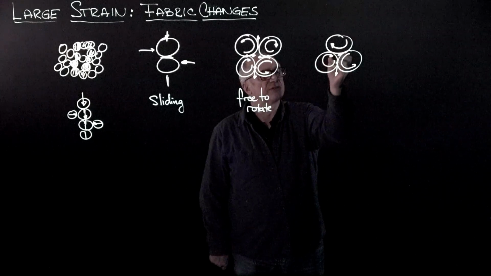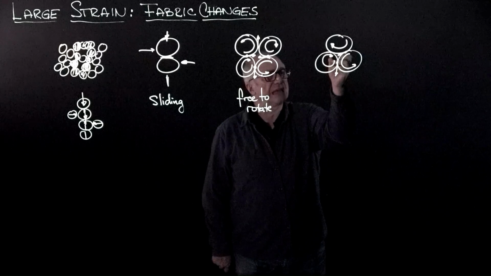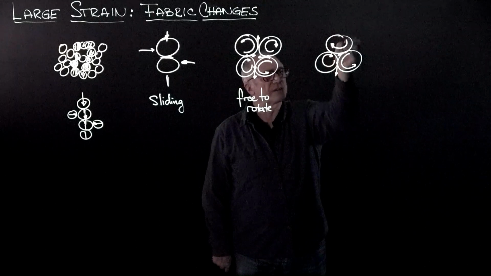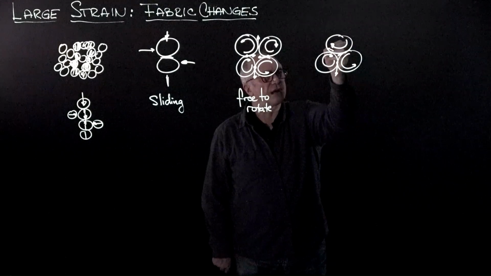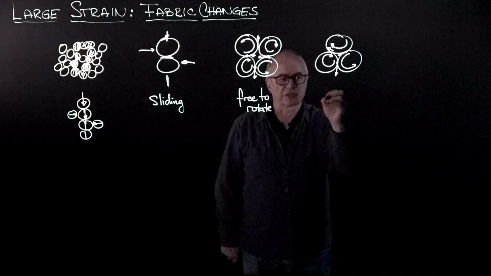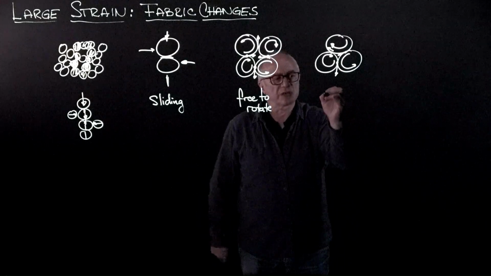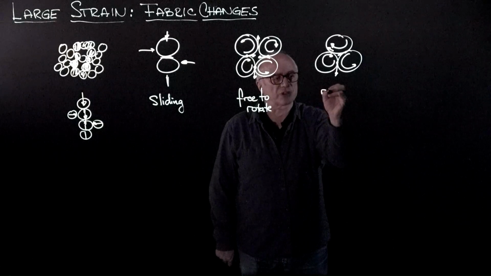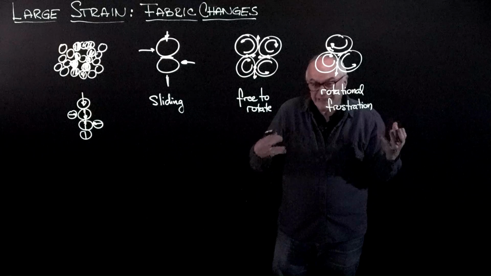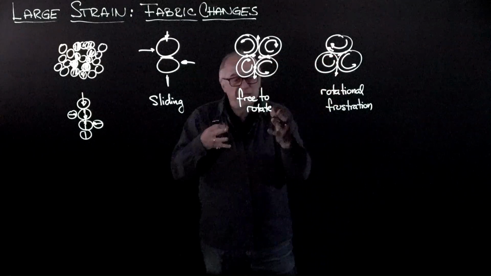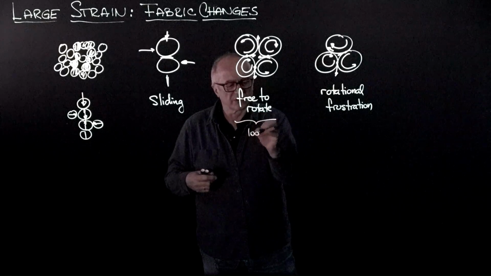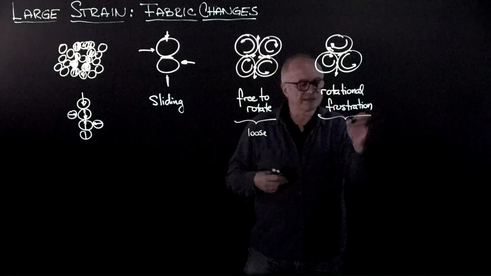That means that from the particle at the bottom on the left, the contact here wants to go inwards. However, the particle from the top would like to go upwards. And now we are in trouble because this system cannot rotate. So from a rotational point of view, it's rotational frustration. You can readily see that rotation is more likely when the packing is loose than when the packing is dense.